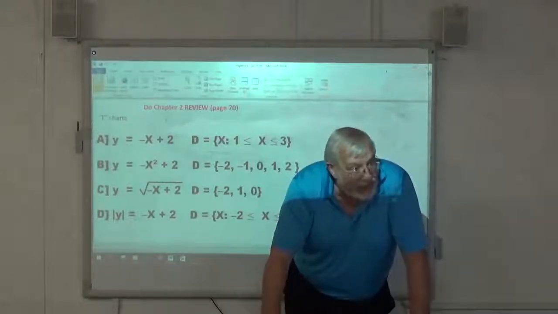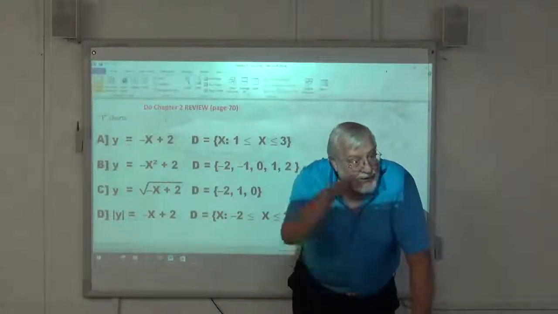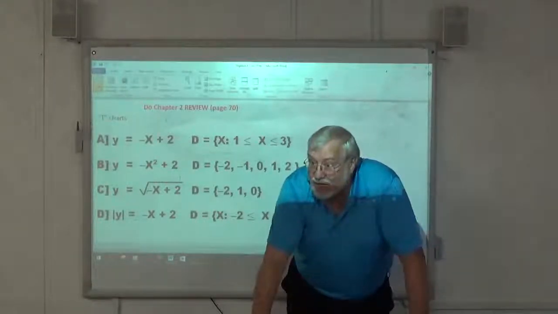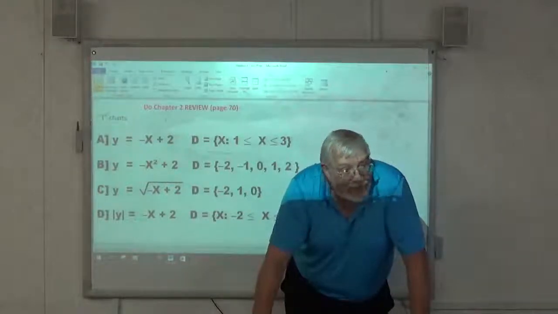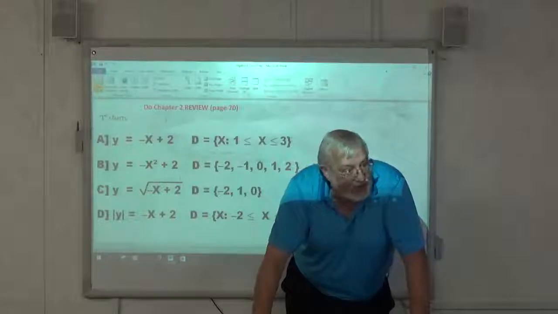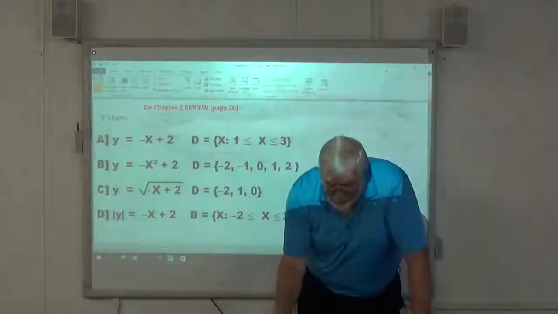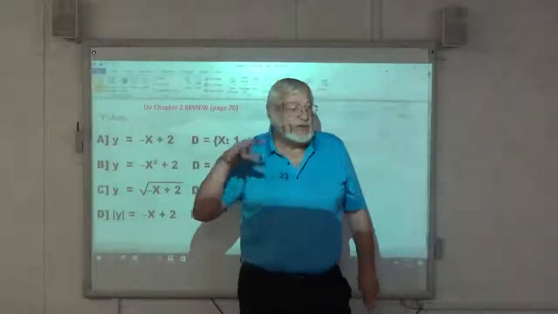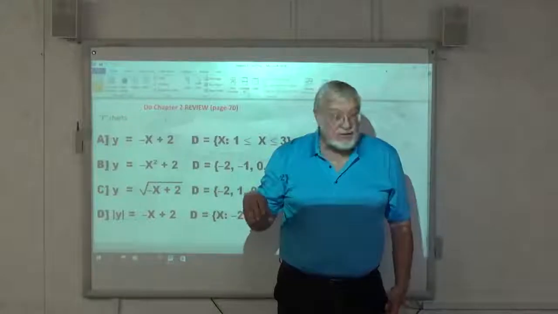So it's a function that has a gap in it, but it doesn't hit the graph twice with the vertical line, so the last one is also a function. Although it's not a continuous function. Right? Okay? Alright, now, those pieces of information should get you ready to take the Chapter 2 test.